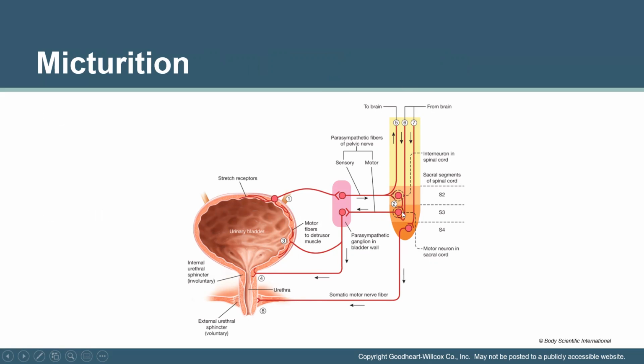This is ultimately controlled by higher, not like emotional brain centers, but like cerebellum, pons and medulla centers, which are going to have much to say about urination.